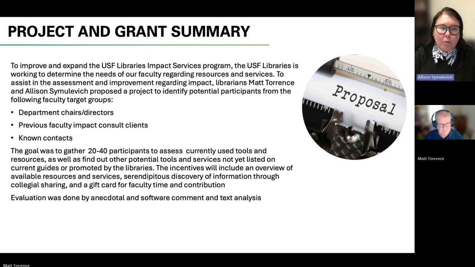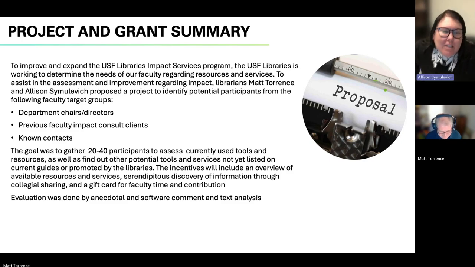Basically, we were hoping for 20 to 40 participants to assess our services and the resources and tools that we also have. And we wanted to find out, are we providing relevant and helpful services? We were hoping we were, but we wanted to see how best to help our patrons.